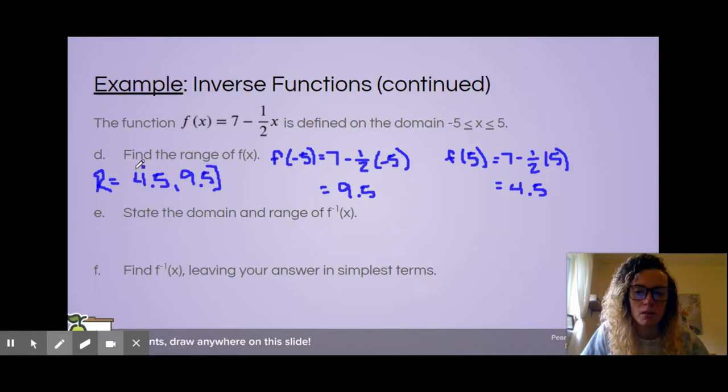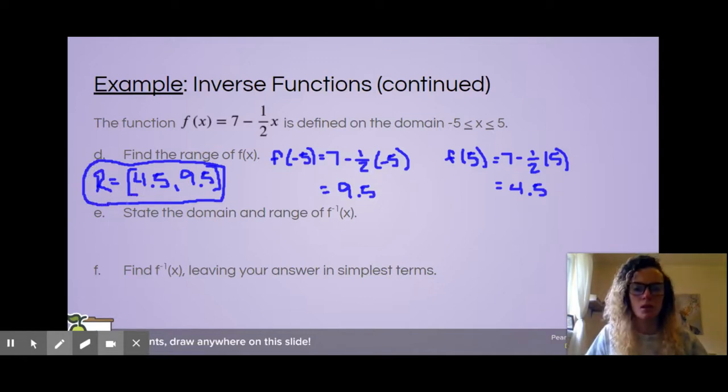Again, using brackets because they are included. I got points for both of those, so they're included. You can also use inequalities: 4.5 is less than or equal to y, which is less than or equal to 9.5. Either way, like I've already said before, my personal preference is interval notation, so I'm just going to leave it like that.